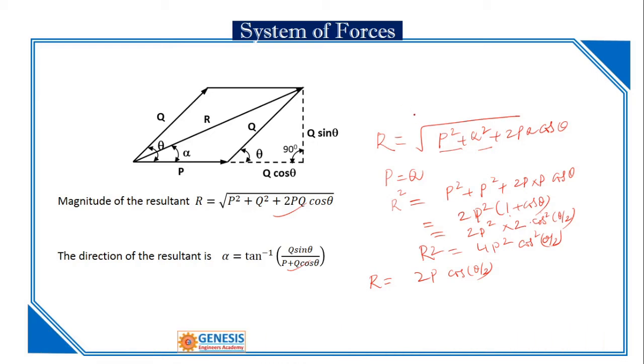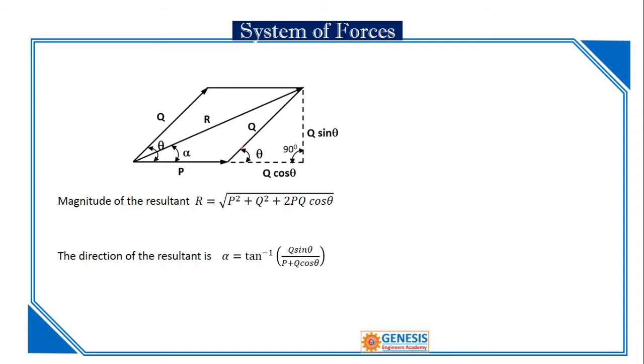And what happens to this one if the angle between them is 0? Angle between them 0 means suppose it is P and it is Q and it is theta. This is the situation given, and you have to draw accordingly. This is a parallelogram. Okay, so R is equal to, if theta is equal to 0, what happens to this one?